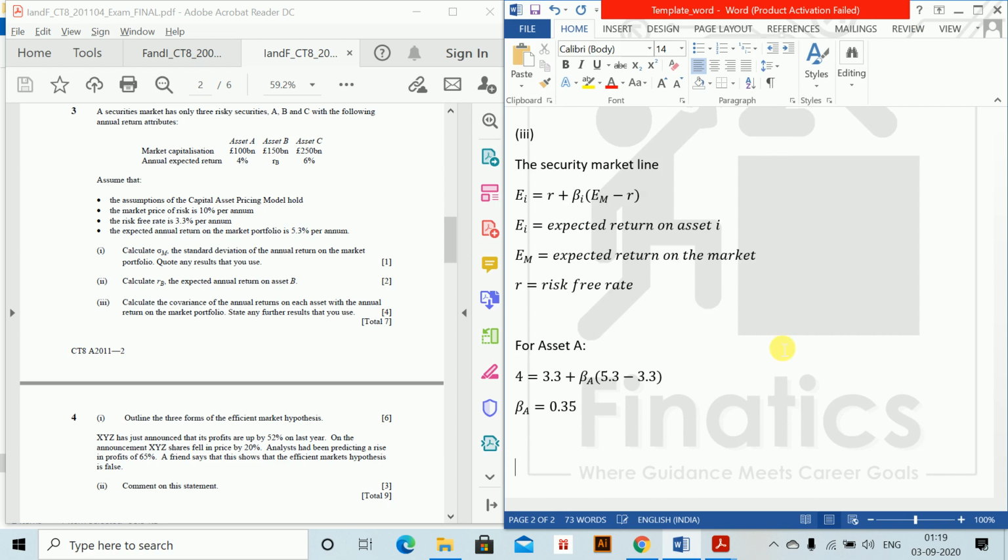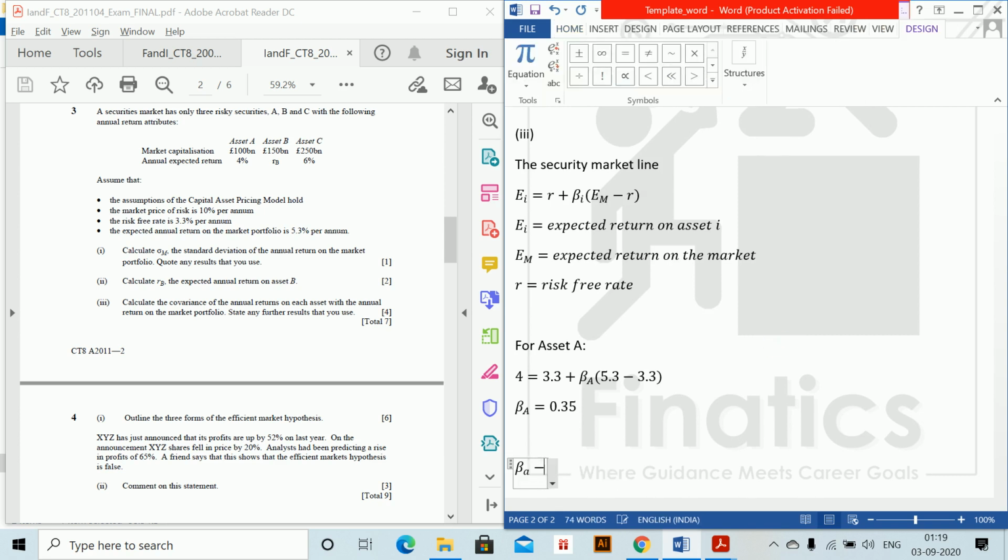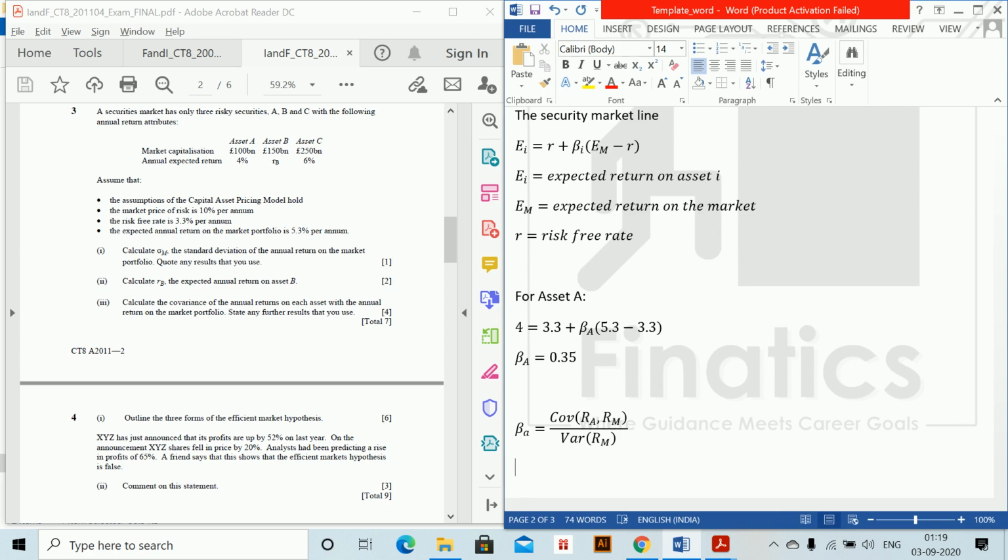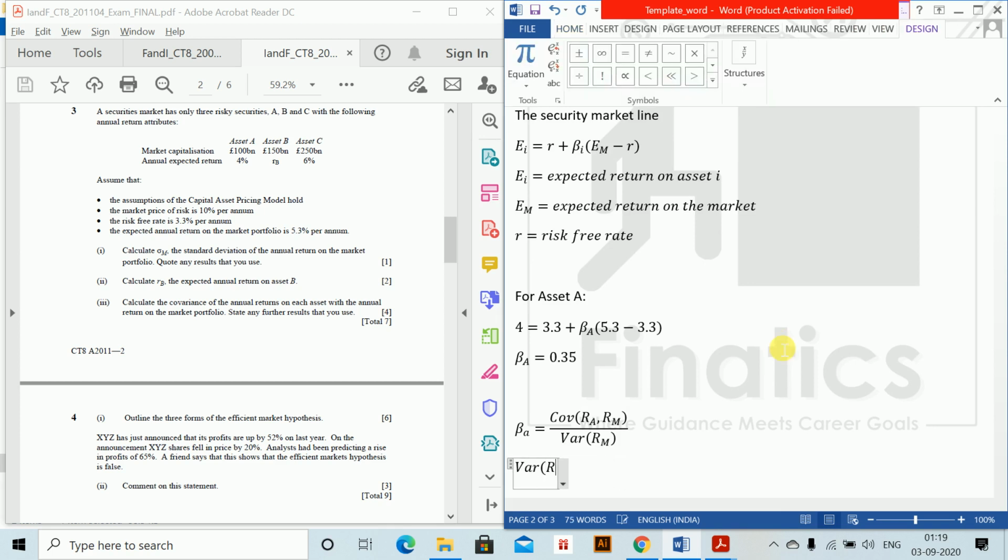Now β_A is equal to the covariance of r_A and r_M divided by the variance of r_M. Also, the variance of r_M equals σ_M to the power 2, which equals 20 squared, which equals 400.